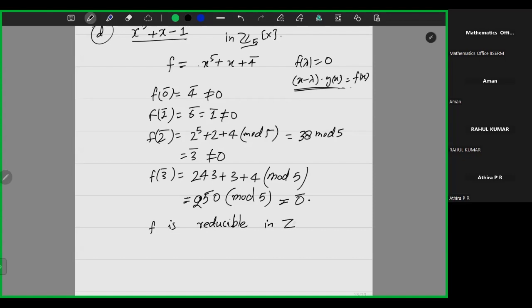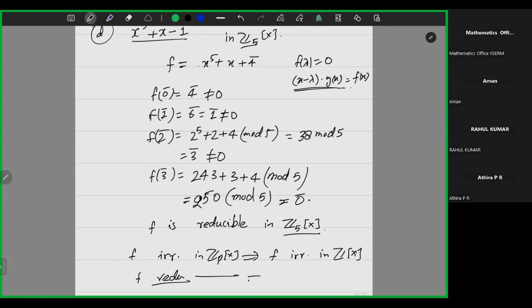in Z5[x], but we are still not sure that f irreducible in Zp[x] implies that f is irreducible in Z, but we are not sure whether f reducible in Zp[x] means f is reducible in Z. We are not sure about this.